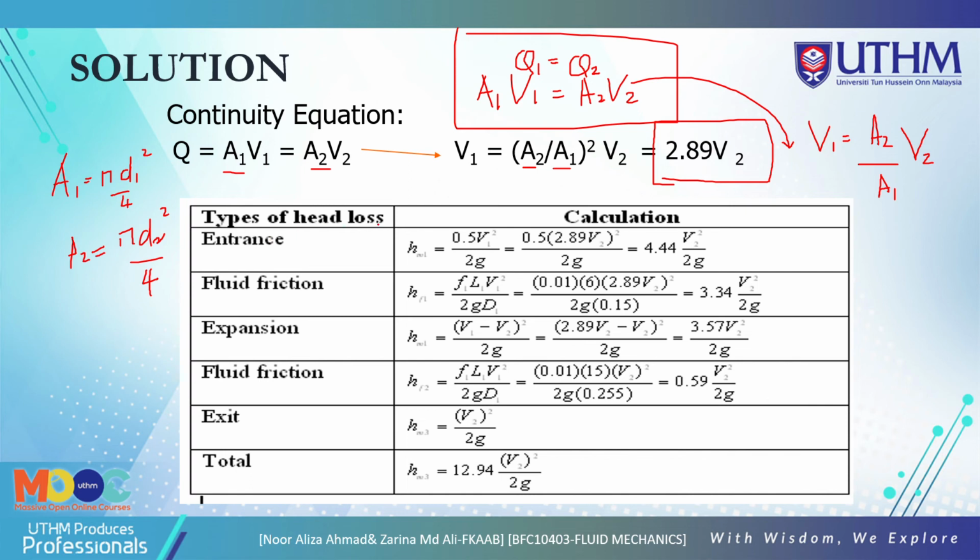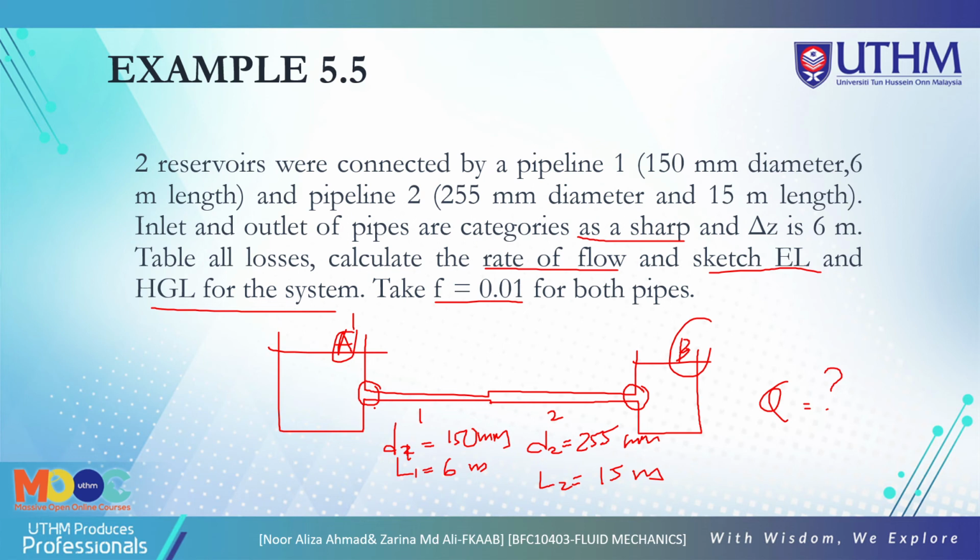Okay, so now we look at the types of head loss. Head loss is best referred to: this is the entrance, so HE, the sudden here, and the H out here, and also the HF1 and HF2.